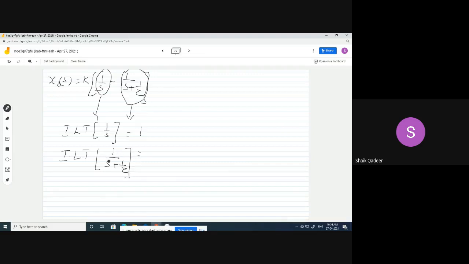Inverse Laplace transform of 1 by s plus 1 by tau. It is like 1 by s plus a. Shift property of Laplace transform. So this can be e to the power minus a t. A is 1 by tau, so this I can write as e to the power minus t divided by tau.